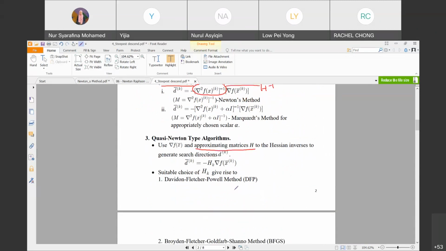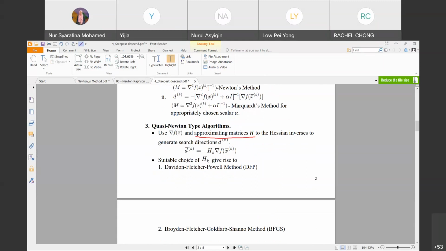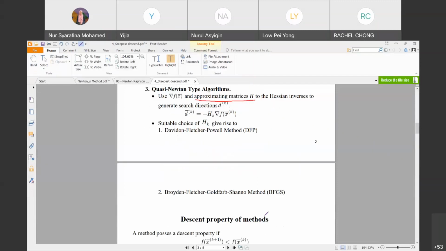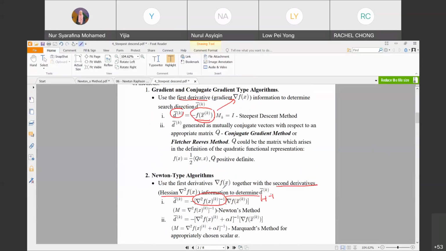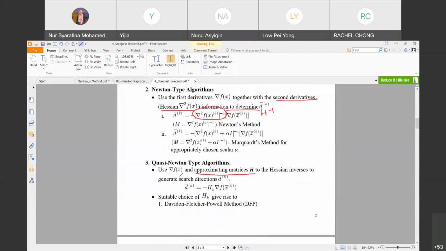There are two methods of this type, DFP and BFGS. They are not quite different compared to Newton and steepest descent, just in terms of the direction, where they use approximating matrices.